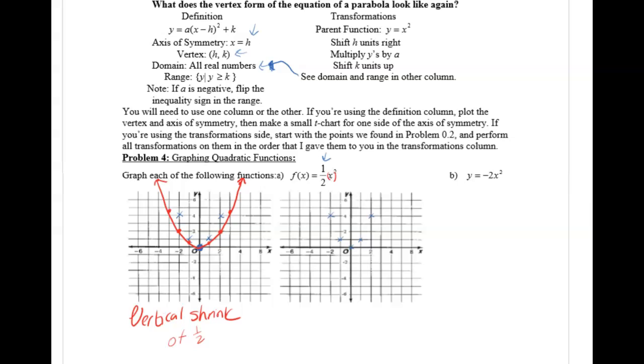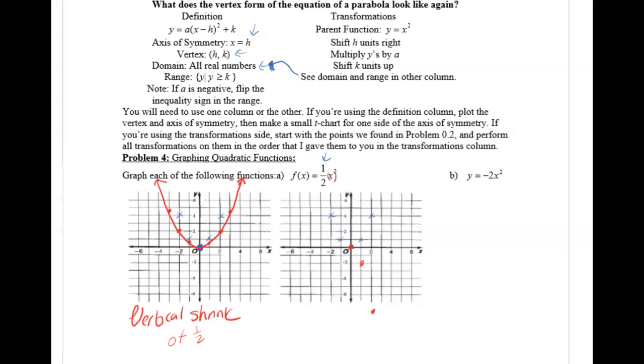So right now my point of 0, 0 is multiplied by -2. My y value is still going to be 0. Cool. My next point I've got is 1, 1. Multiplying my y value by -2, I should get 1, -2. And then taking my 2, 4, multiplying it by -2, it's going to get me -8.